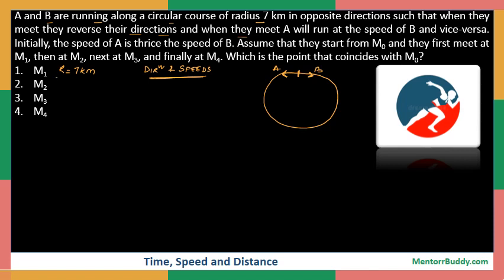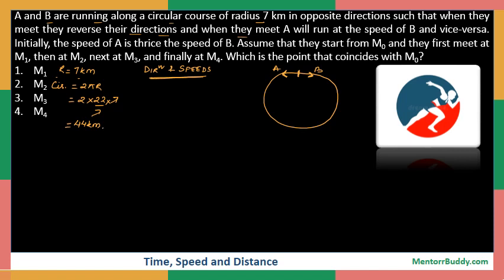Also, because radius is given as 7 kilometers, the circumference of the circle becomes 2 pi r, which is equal to 2 multiplied by 22 by 7 multiplied by radius, which becomes 44 kilometers.